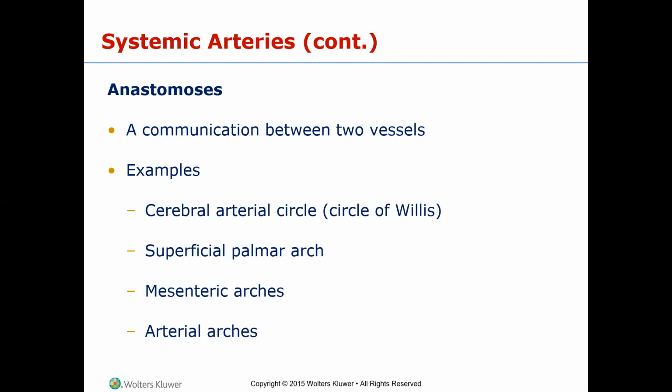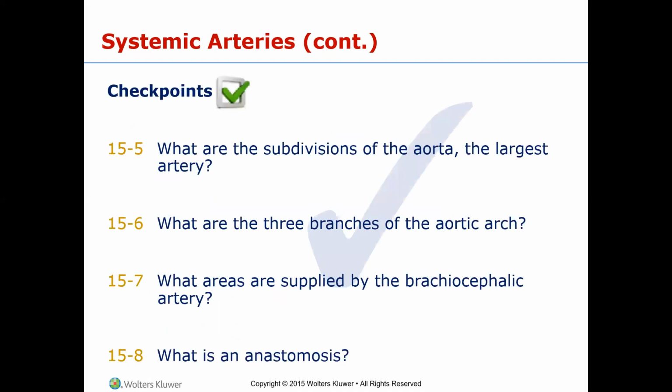The cerebral arterial one, which is the circle of Willis, which serves our brain, and then we have some of these others. And I'm not holding you responsible for those, but you should know at least what it is.